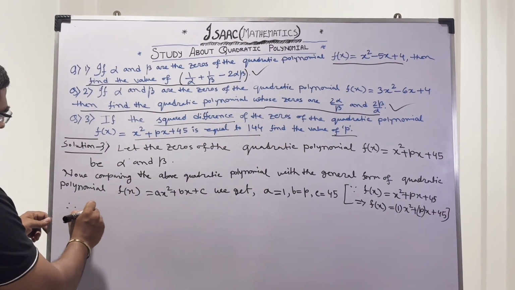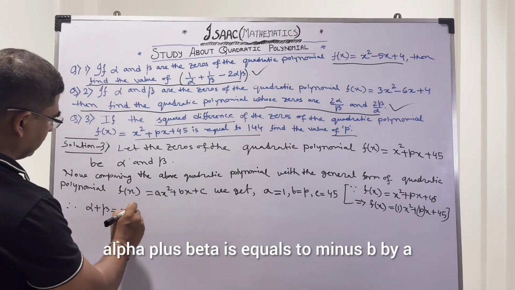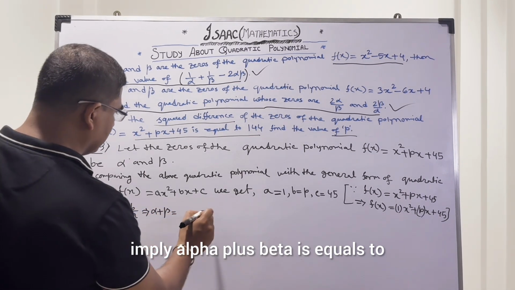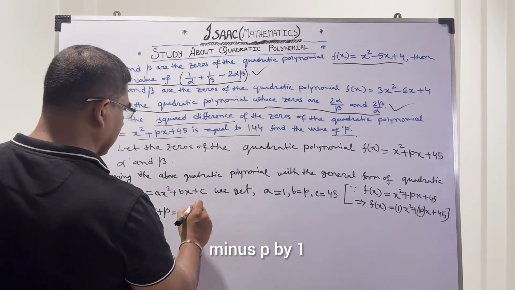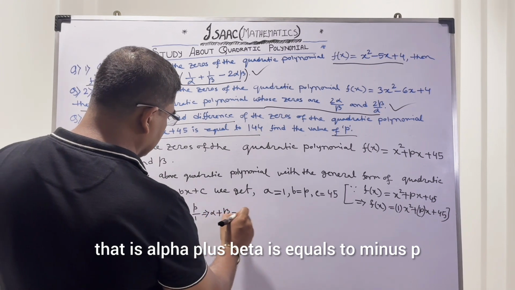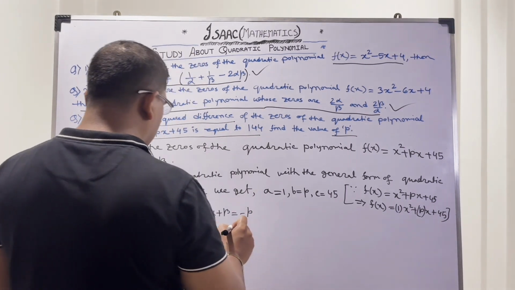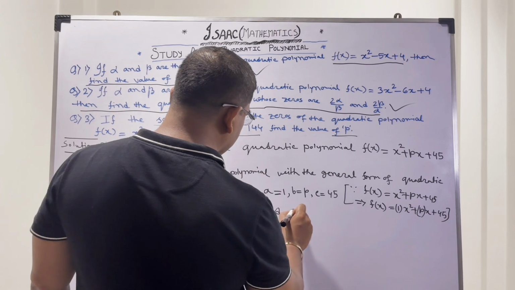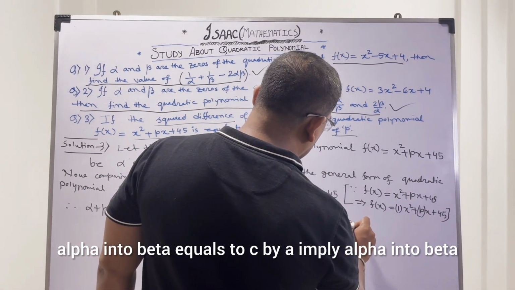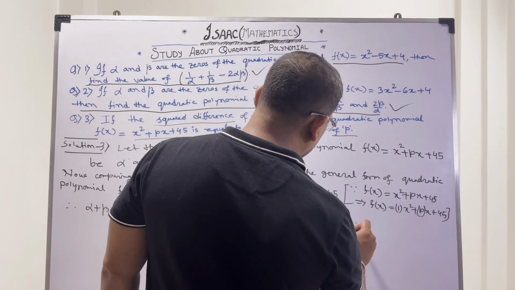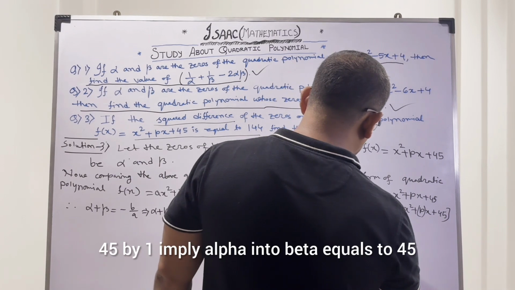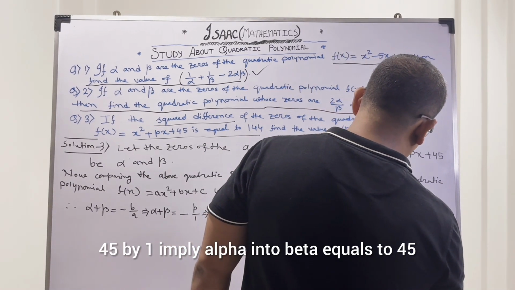So therefore, alpha plus beta equals minus b by a, implies alpha plus beta equals minus p by 1, that is alpha plus beta equals minus p, and alpha into beta equals c by a, implies alpha into beta equals 45 by 1, implies alpha into beta equals 45.